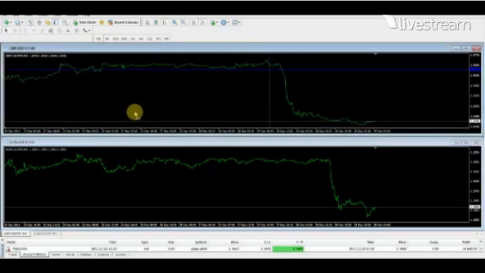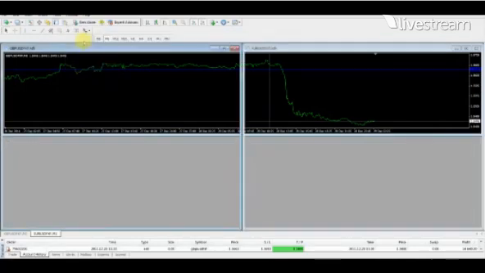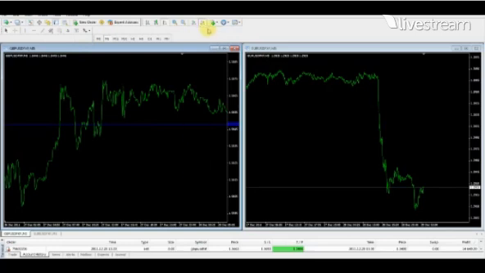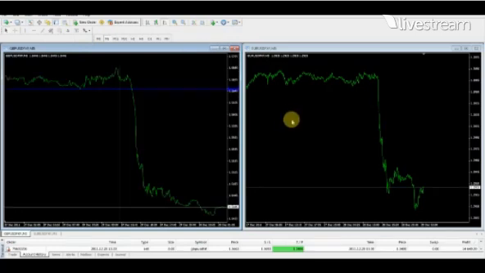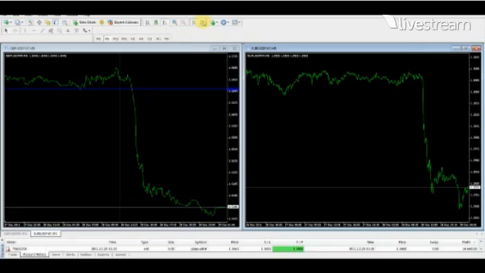This is why I use GMT for my SMT, because I'm trying to get it to line up time-wise and show you the divergence, but I'm just going to show it to you this way, and you can find it on your charts on your end.